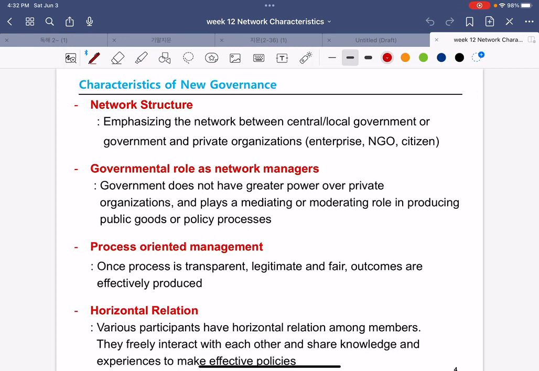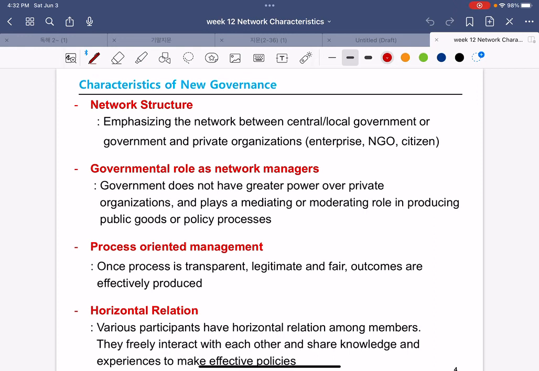If we define the new public governance as a process of interaction and decision making through collaborative actions among a variety of actors, including government, citizens, and private companies, what is the characteristics of new governance?